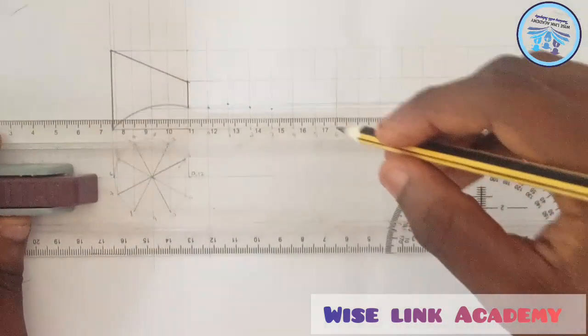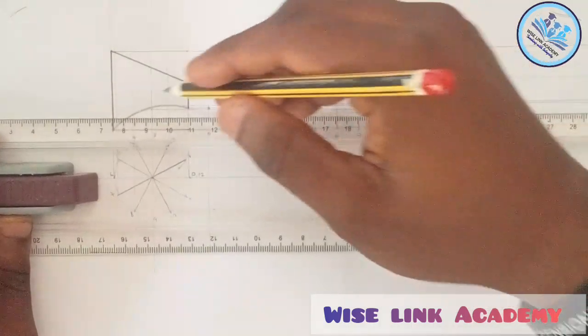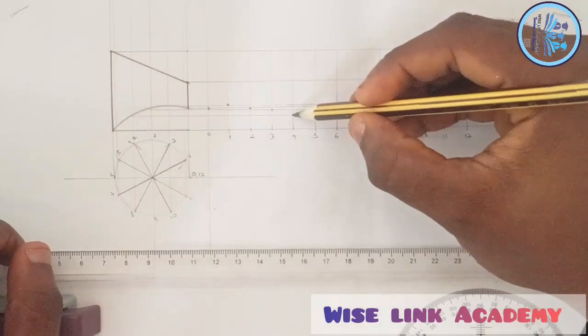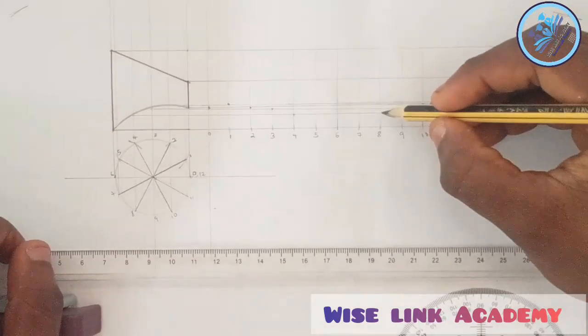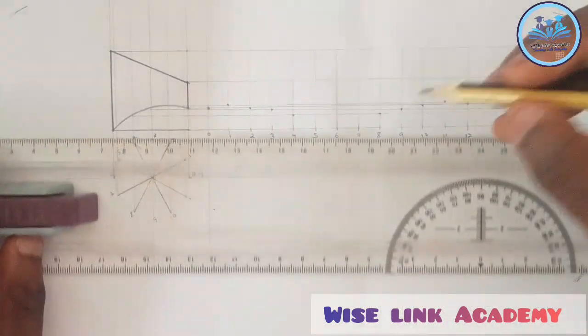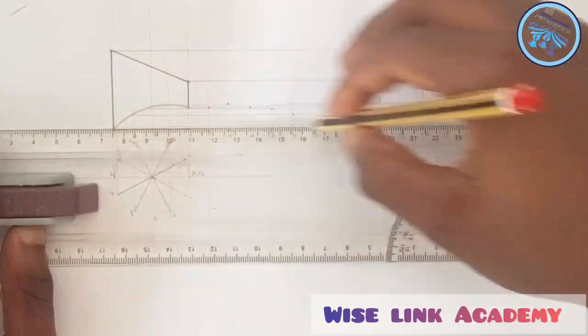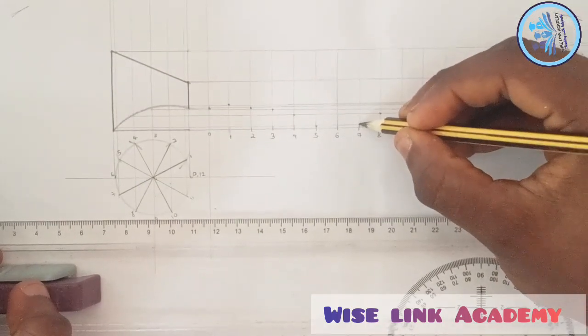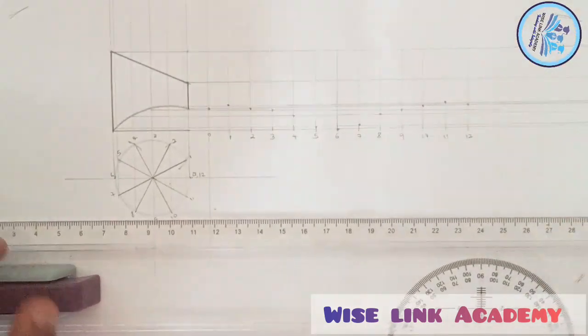Then 4 and 8. This is my 4. This is my 8. This is line 5 and 7. Automatically, the last one is 6.